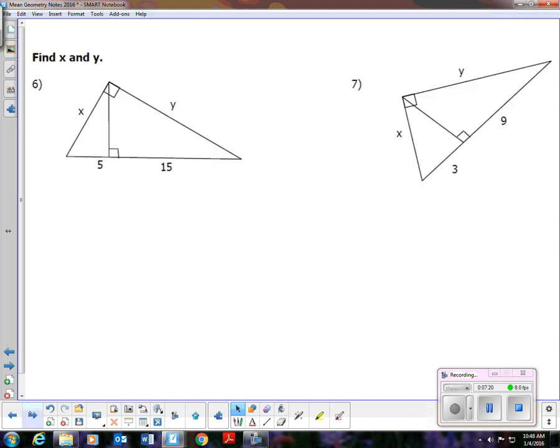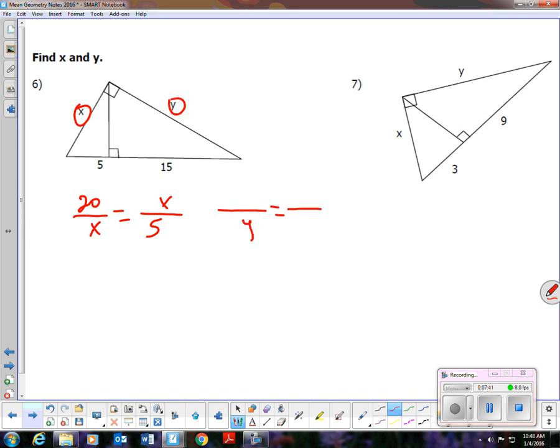All right, so here's some practice. I'll do both legs. For this first one, remember to start off with a proportion if it helps you. The leg for x is the geometric mean of the whole hypotenuse, which is 20, and the part closest to it, which is 5. This is my leg. It goes here and here. The whole hypotenuse, which is 20, and the part closest to it, which goes here.